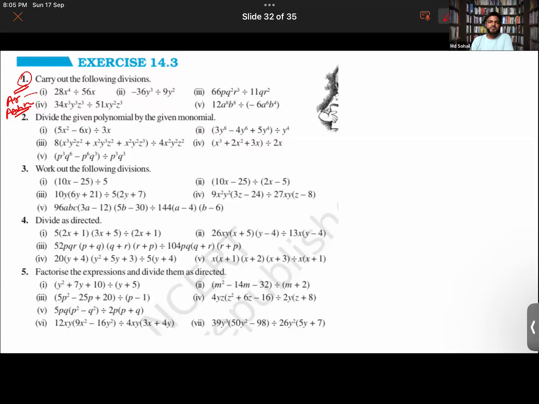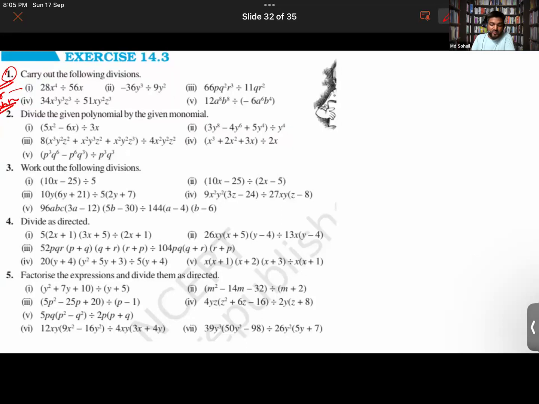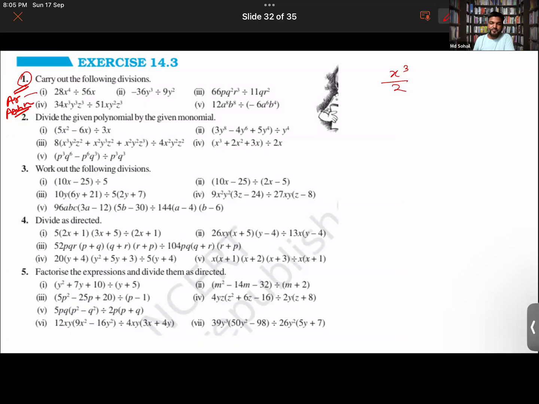So I got it. Very good. What is the answer? X cube upon 2. Very good. That is correct.